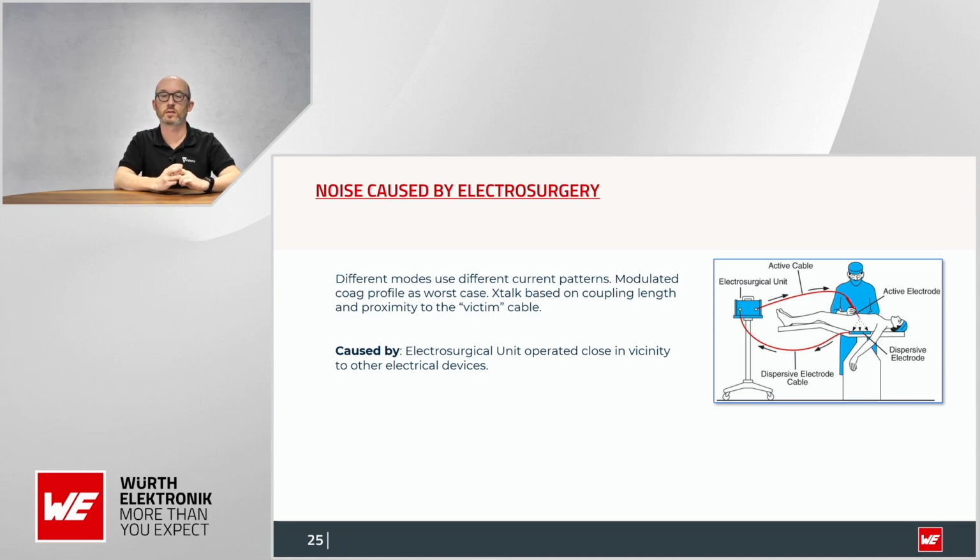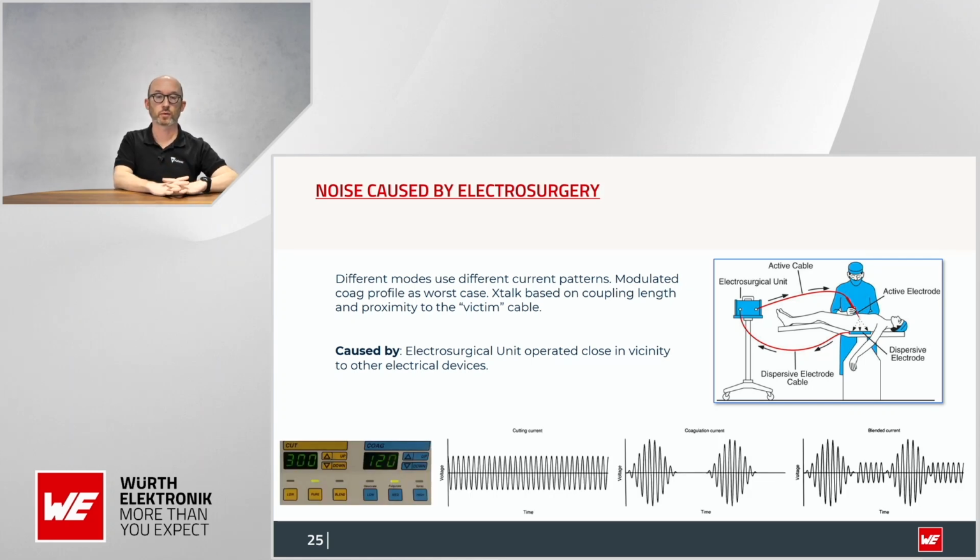There's a dispersive electrode attached to the body, which is connected to the electrosurgical unit, and the surgeon has an active electrode in his hand to cut tissue or to coagulate tissue, and this can be also used during endoscopy, where the active electrode is operated remotely.